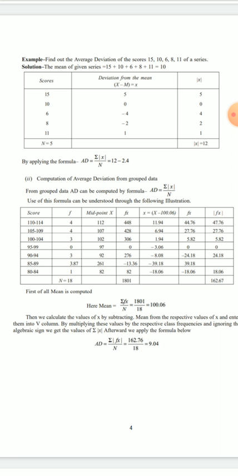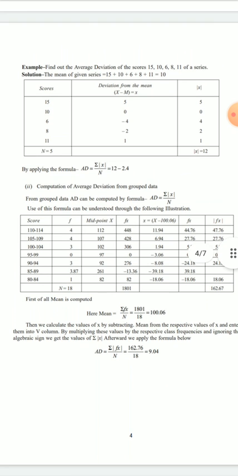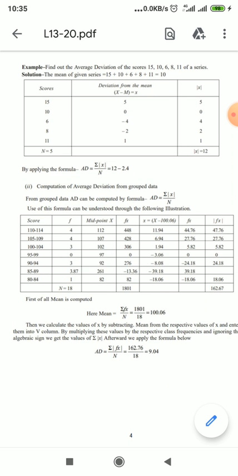Now come to the second data, that is deviation, small x is equal to capital X minus M. Here it is given that the value of the mean M is equal to 10. Here the score value is given, capital X is equal to 15 minus 10 is equal to 5. Next, the value of x is equal to 10 minus 10 is equal to 0. Next, 6 minus 10 is equal to minus 4.